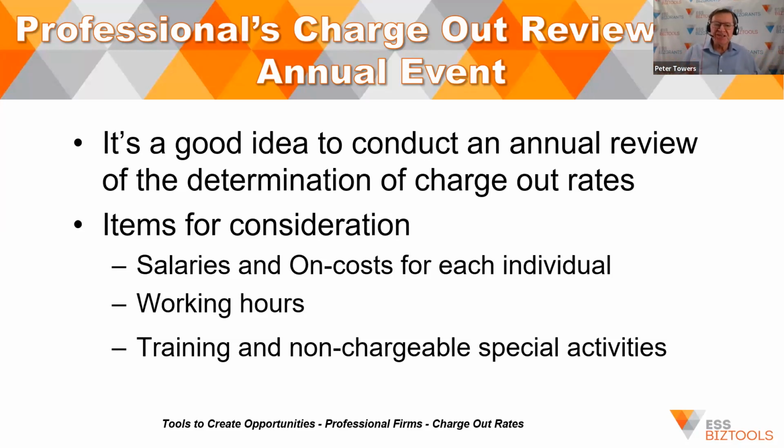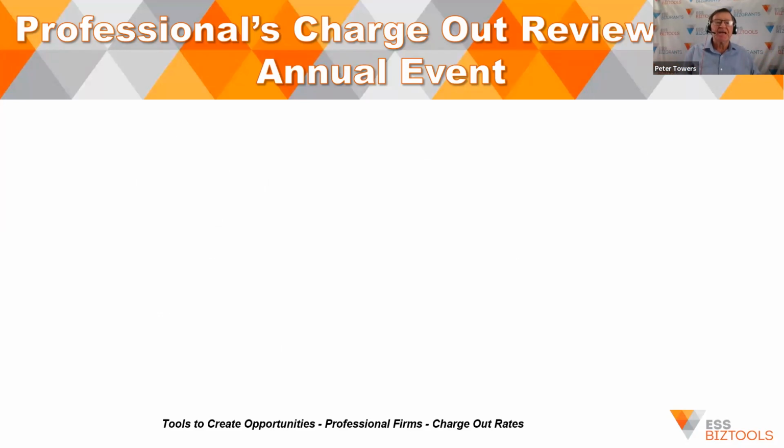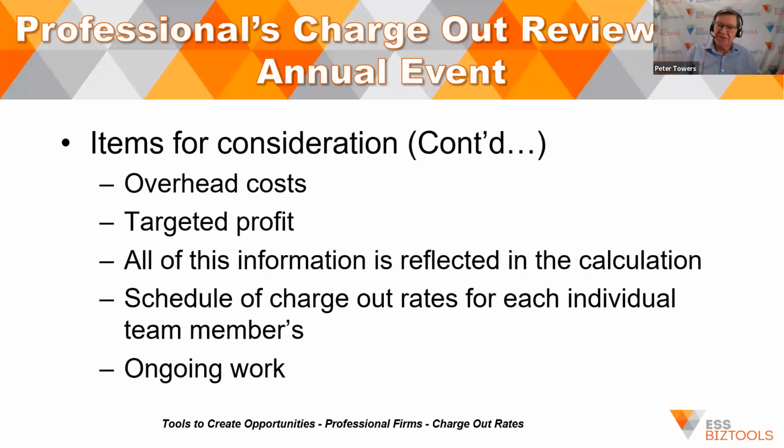So the items for consideration are obviously the salaries and the on-costs for each individual person, the working hours, and the training and non-chargeable special activities that have been allocated to that person. They may have changed for this year because of some other activity that the firm asks that person to undertake. What are the overhead costs for the next 12 months?